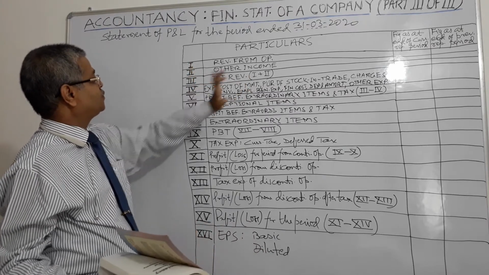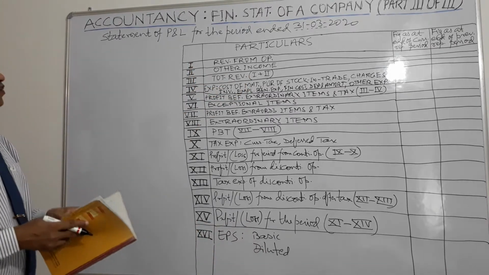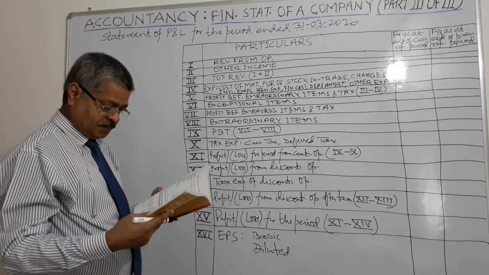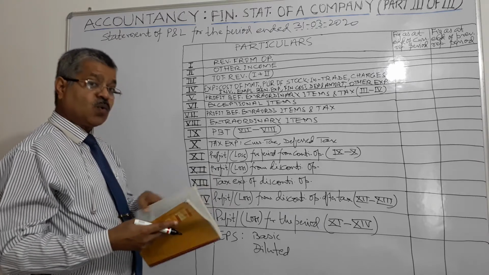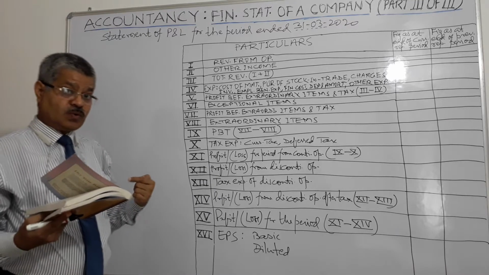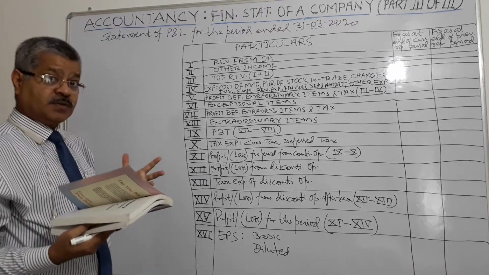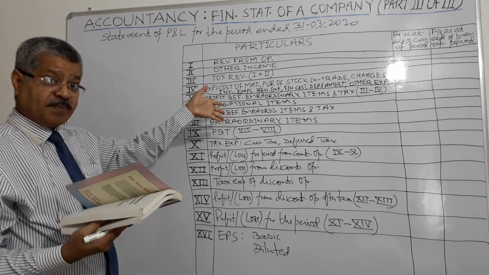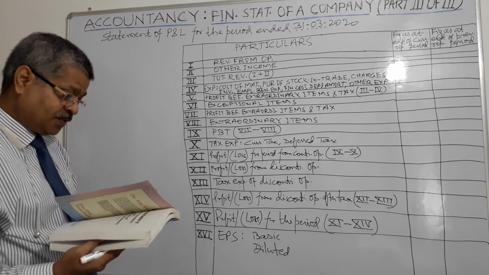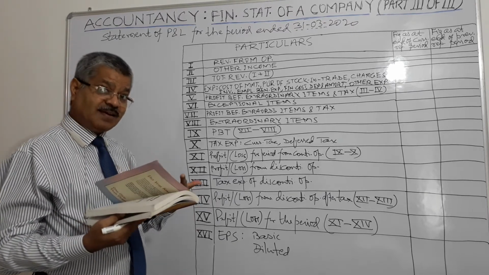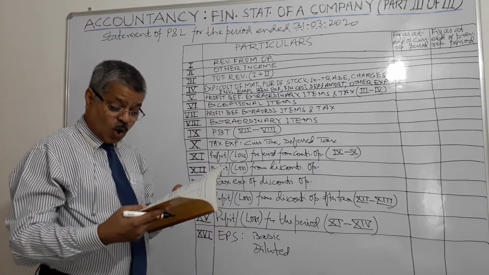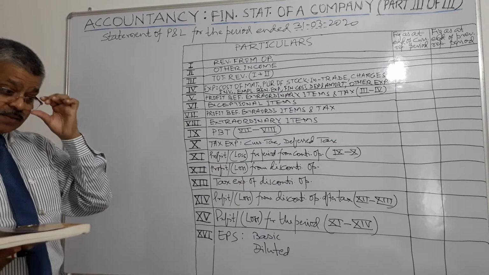Now we go to the other income: interest income, dividend income, net gain or loss on sale of investments, right? Net gain or loss on sale of investments, because I am a pen manufacturing company, investment is not my main operating activity. So whether it is loss or gain, it is other income, other non-operating income, right?